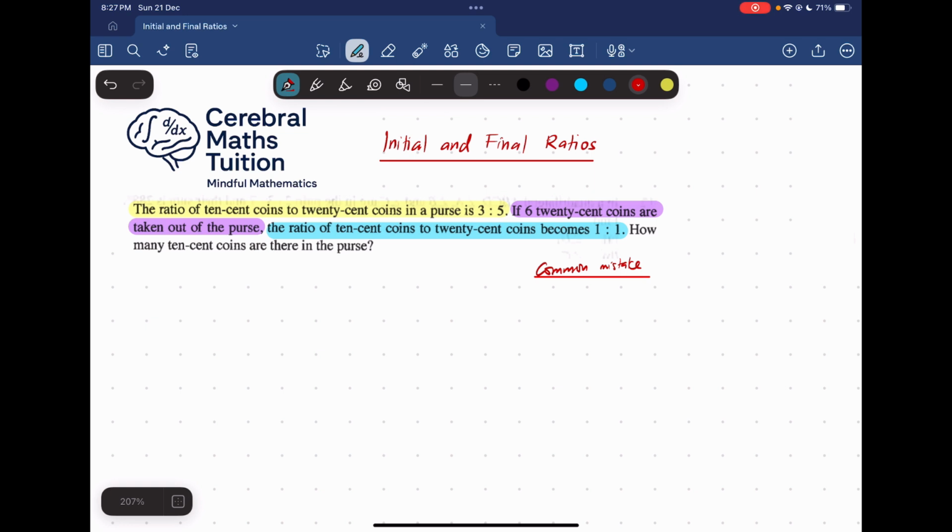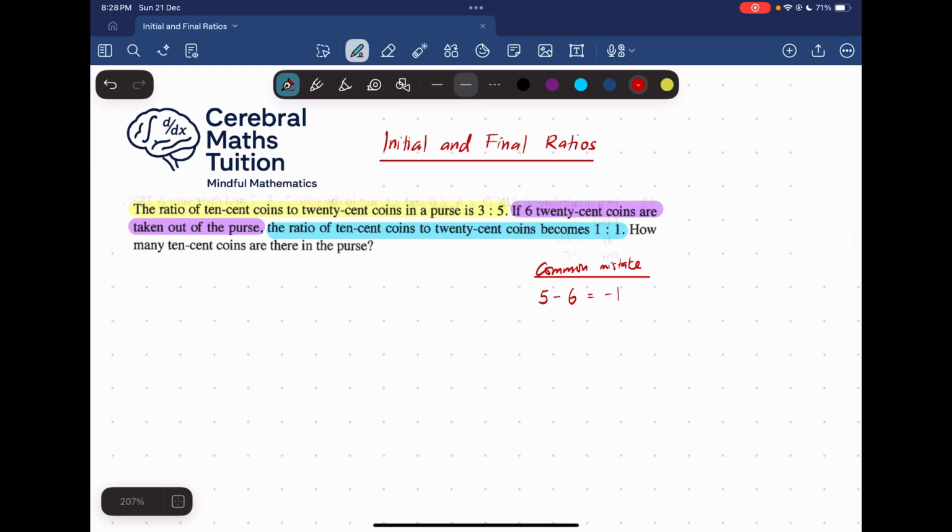If you don't know how to start the question, most likely you will attempt to write 5 subtract 6, because 6 20-cent coins are taken out of the purse, and you get -1, and then you realize that doesn't make any sense. Probably thinking along the lines of money cannot be negative, or what does -1 20-cent coin mean?